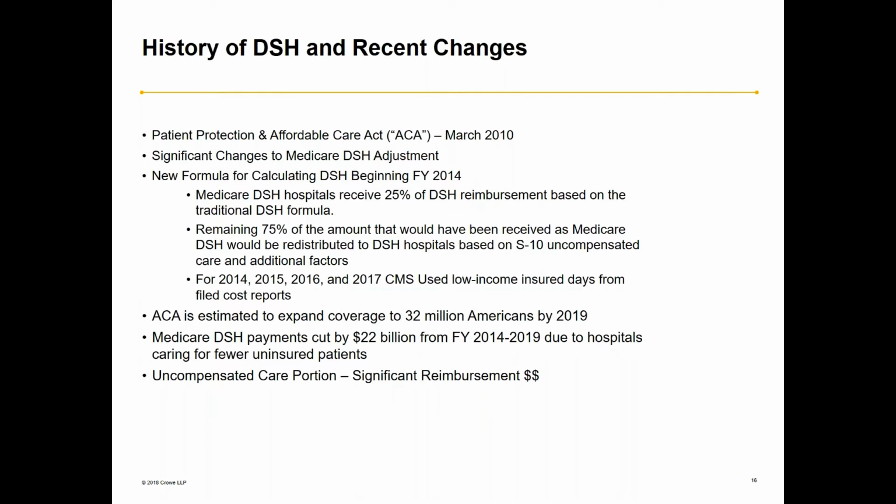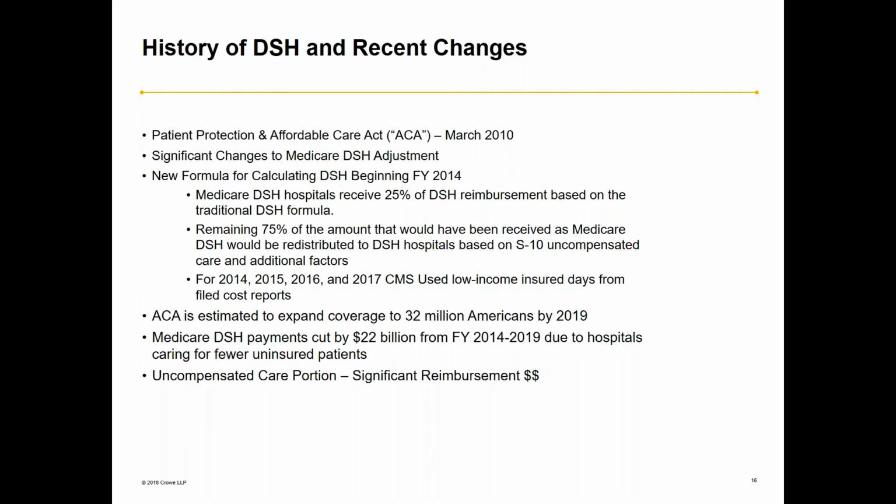So moving through the DSH, what's going on with DSH payments. With the Affordable Care Act, which came into play in March of 2010, there were significant changes laid out for the Medicare DSH adjustments. These came into play starting in fiscal year 2014.